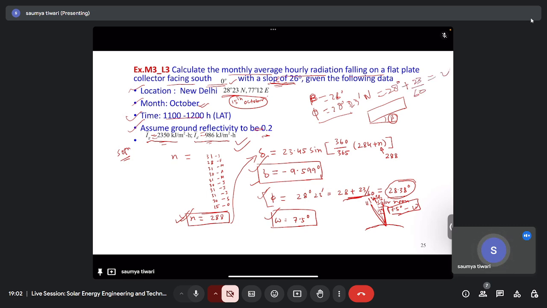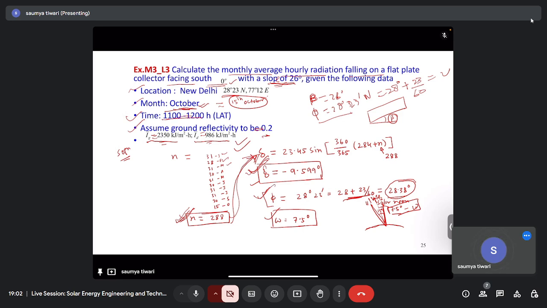The month is given, and for a particular month the representative day for October will be 15th October. For that you can calculate the n value. For Jan 31, Feb 28, March 31, similarly the value of n will be 288. You can put it back into the declination angle formula, and we can calculate the declination angle.